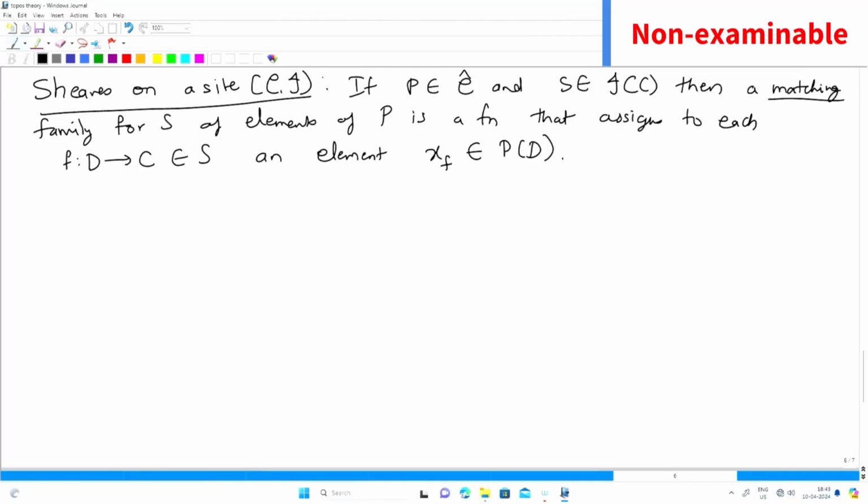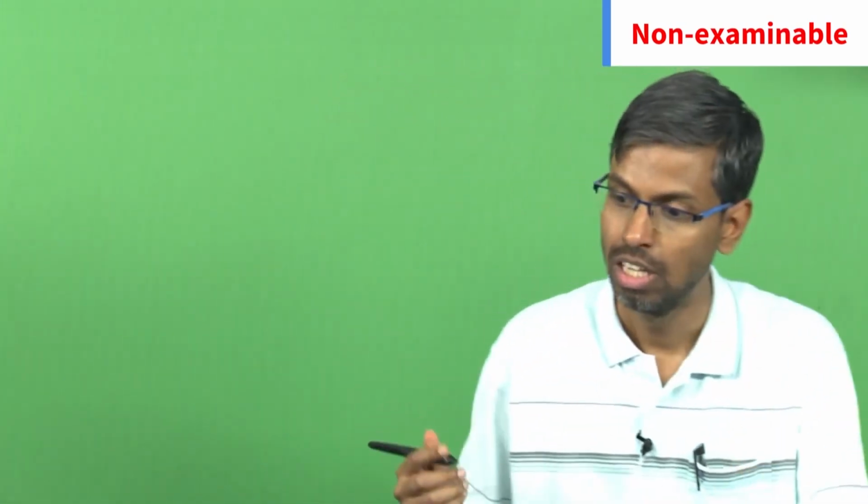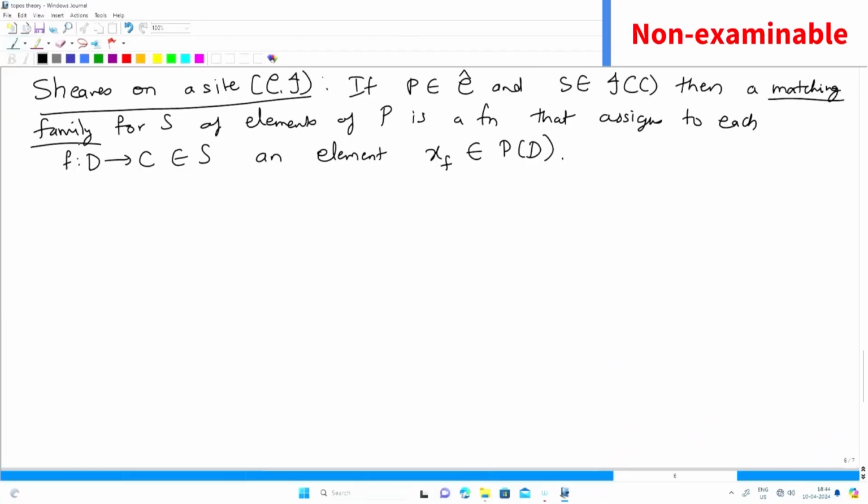Okay, so it's an assignment from the morphisms in S to elements in respective domains. So it's like a choice function. Yeah, you are taking f and then you are mapping it to an element xf in P of domain f. It's a choice function. Okay, so the matching family, if this matching family has a unique amalgamation where S is not fixed, S is any covering sieve, then we would have said that it's a sheaf.